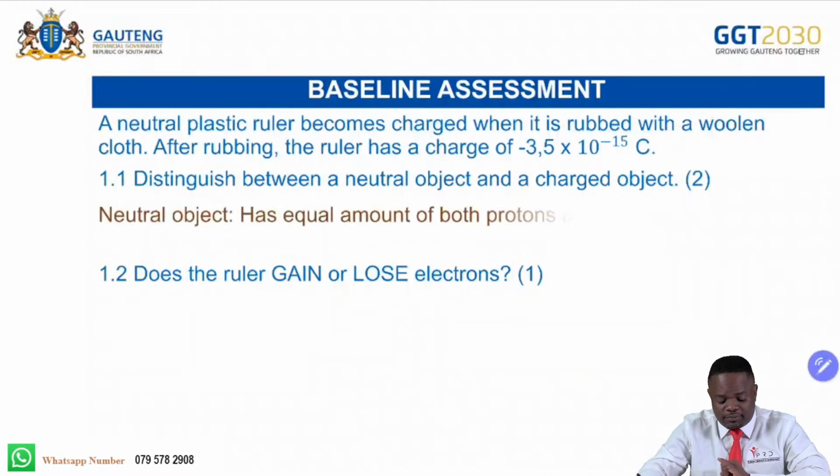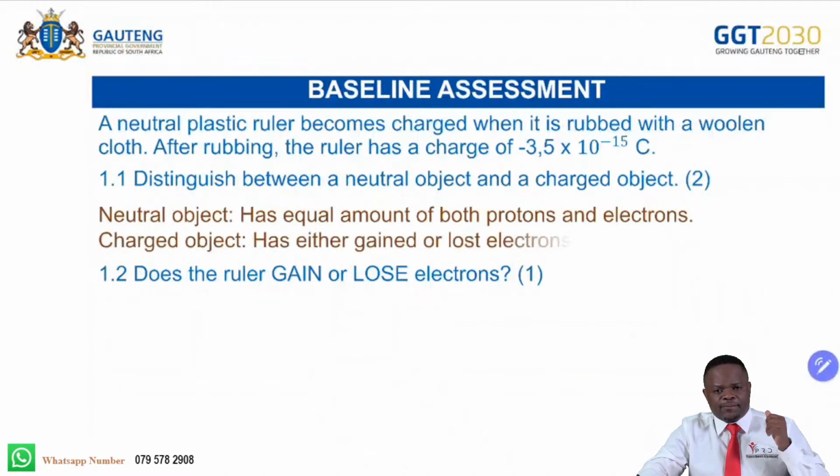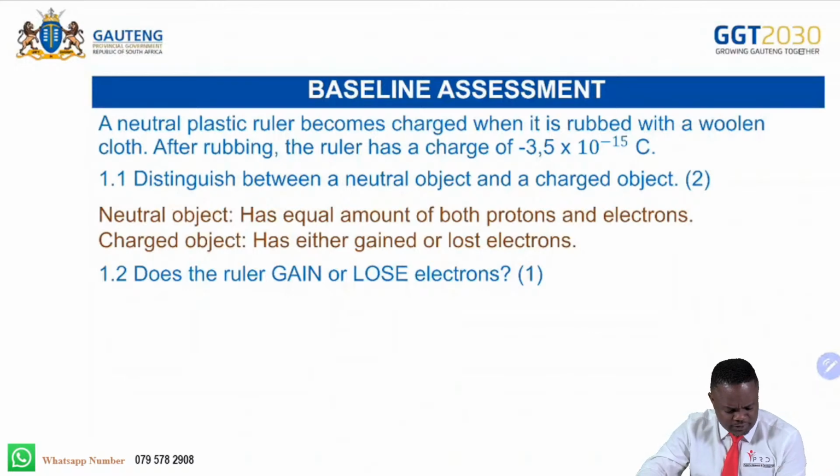So what did we say? Number one, a neutral object has an equal number of protons and electrons, equal positive and negative charges. And a charged object has either gained or lost electrons, and therefore it tends to have an overall charge.